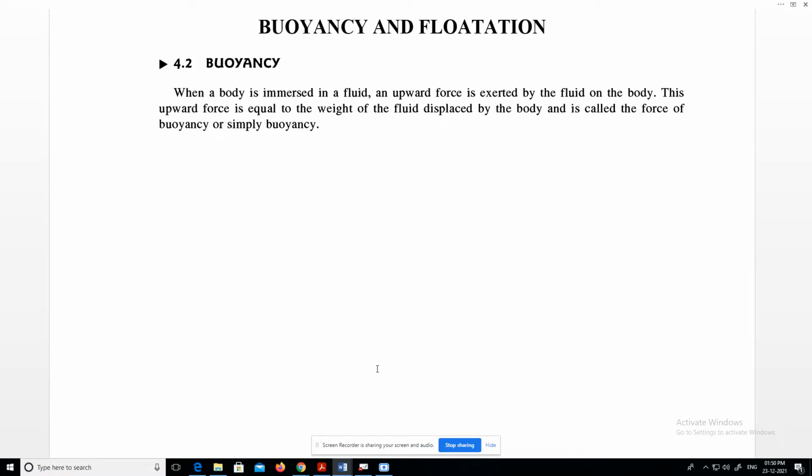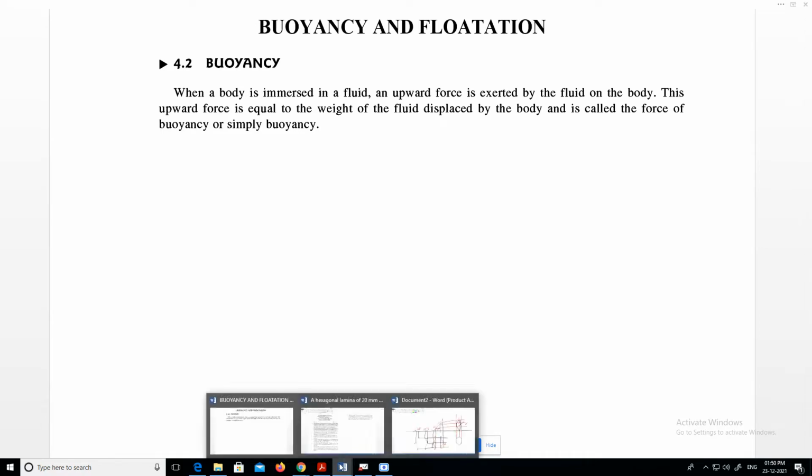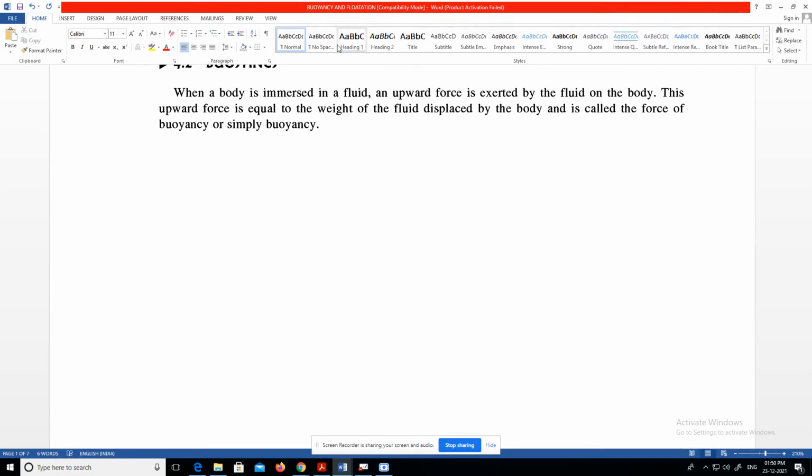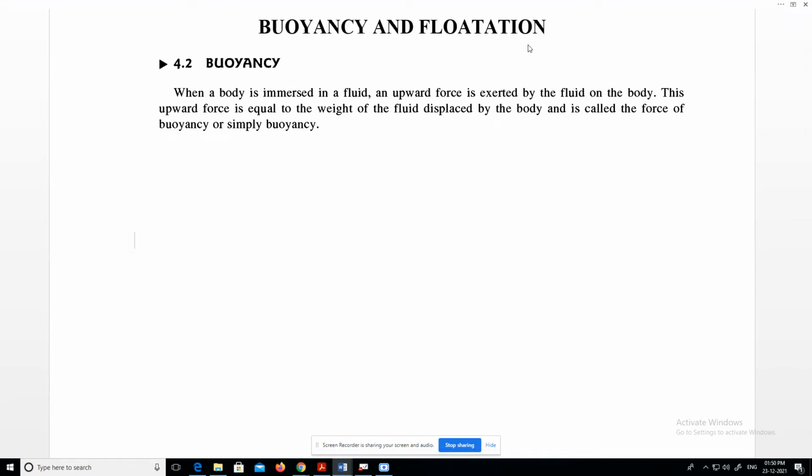The buoyancy force: when the body is immersed in a fluid, an upward force is exerted by the fluid on the body.